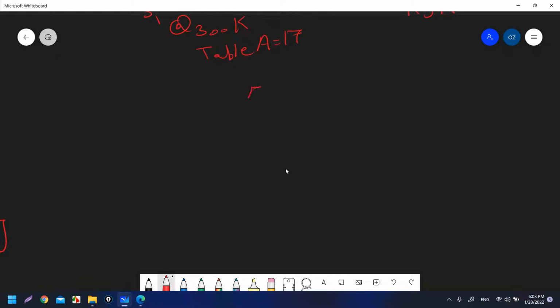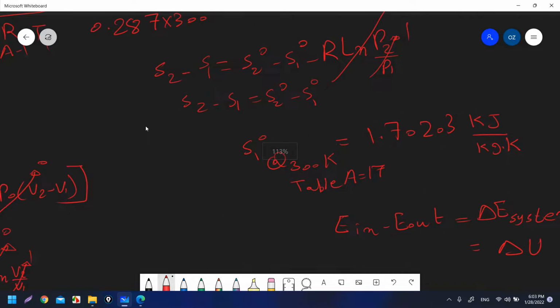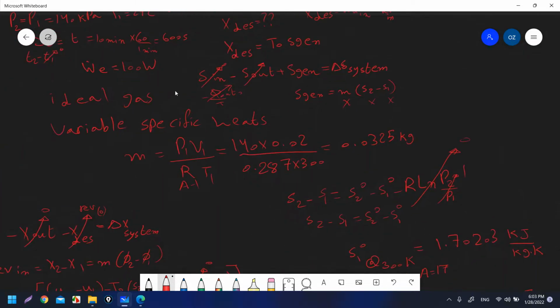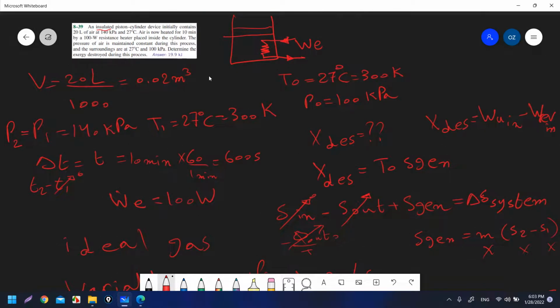Energy balance: E in minus E out equal to delta E system. The system is stationary, there is no velocity, there is no elevation, so we only have delta U here. For the piston cylinder, we always say there will be a boundary work. We solved a question in the last video, and there was a boundary work.